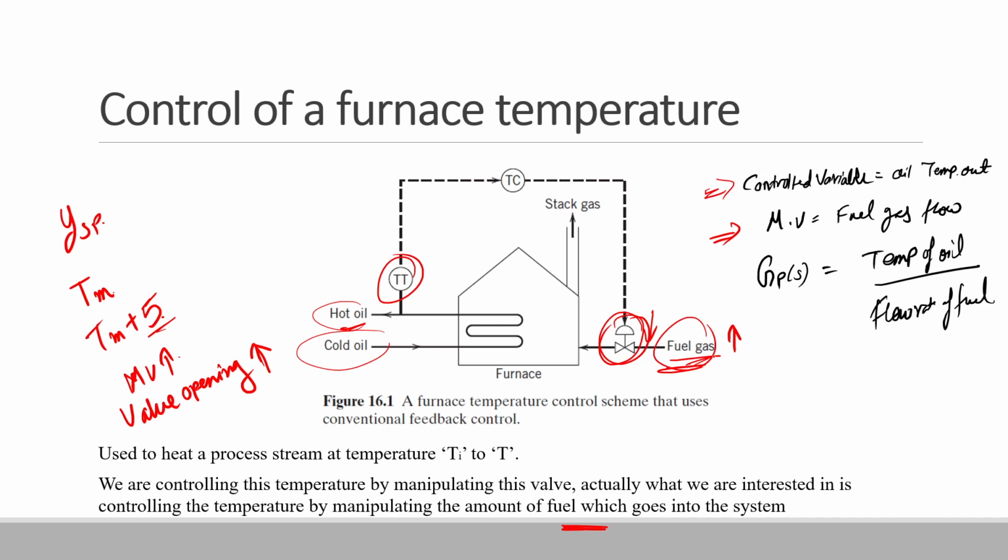So what might happen is, let's say the fuel gas comes from a particular pipeline. So there will be some overhead tank over here, there will be some valve over here. Now if on the upstream there are pressure changes due to which the fuel gas flow rate might increase, that is, there are disturbances in the system due to which the pressure increases, then the fuel gas flow rate through this system will increase.